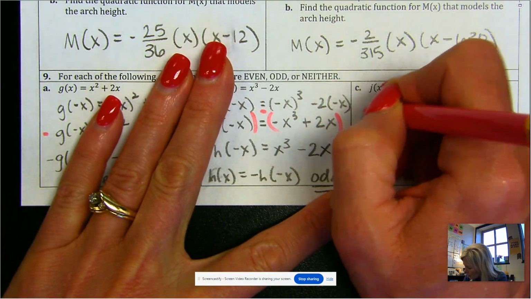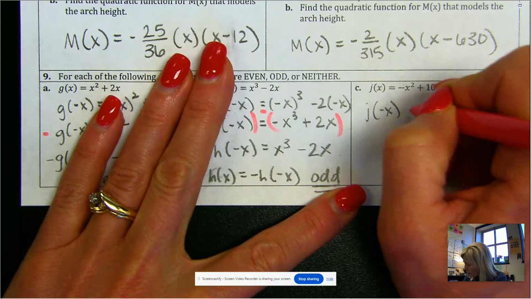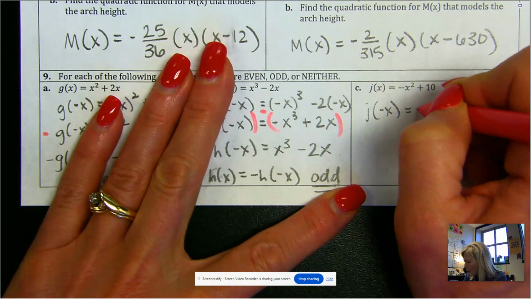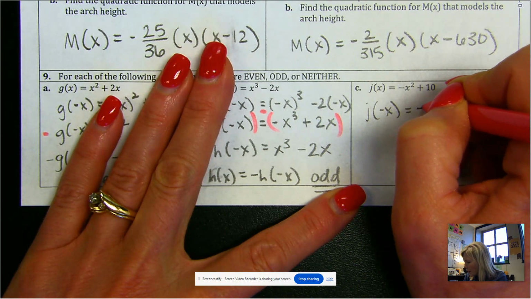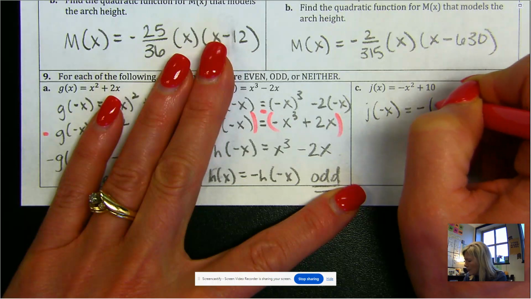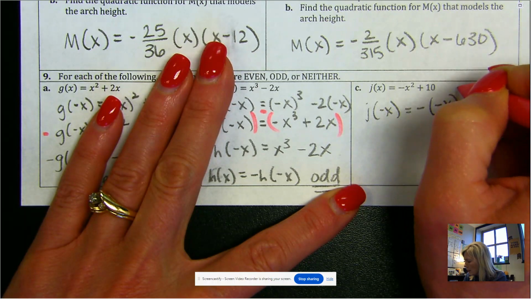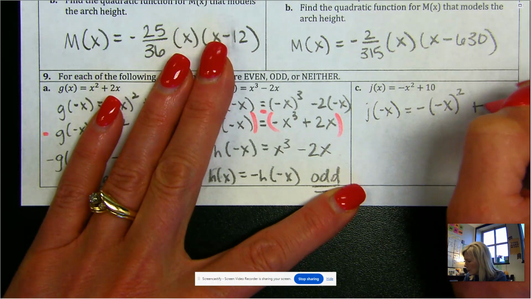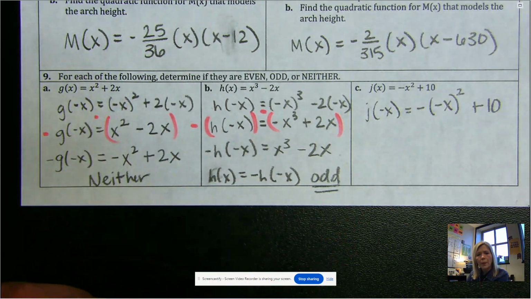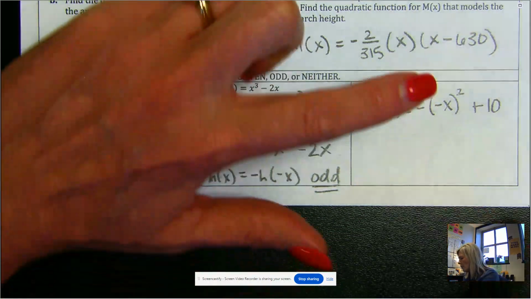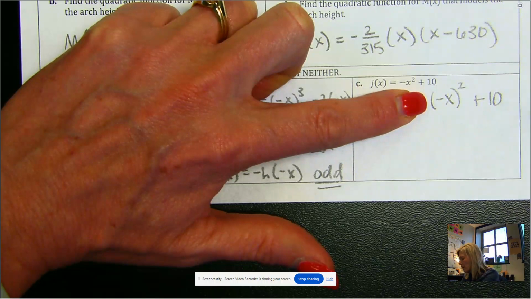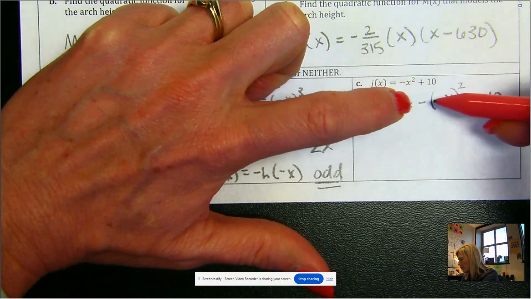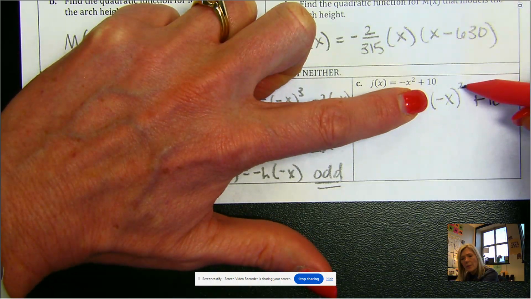So we're going to check j of negative x. It already has a negative sign there, so I'm going to leave it on the outside. Negative x on the inside, squared plus 10. Okay, so I have to ignore this for just a moment, because it is not connected to the power of 2.